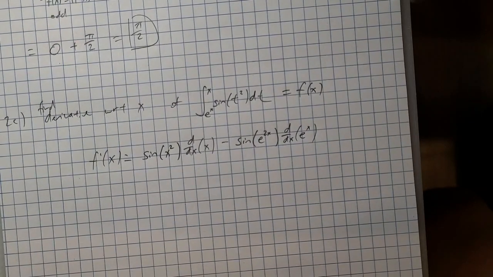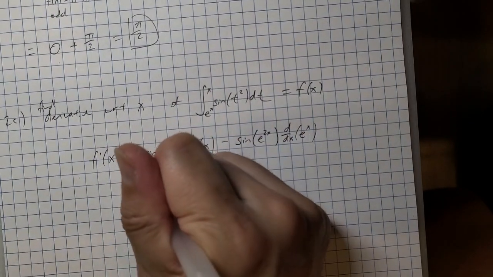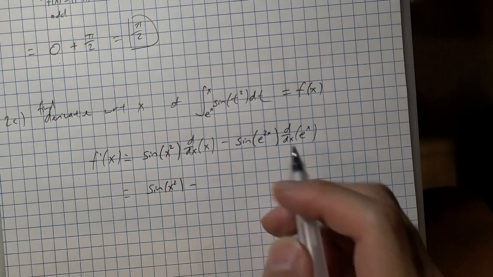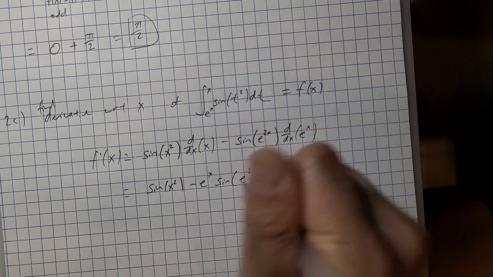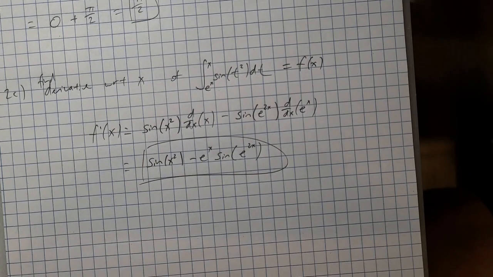Okay, that's the way we do it. We simplify, d by dx is just 1, so we have sine of x squared minus derivative of e to the x is e to the x, sine e to the 2x. That's our answer. As simple as that. Fundamental theorem of calculus, very easy.